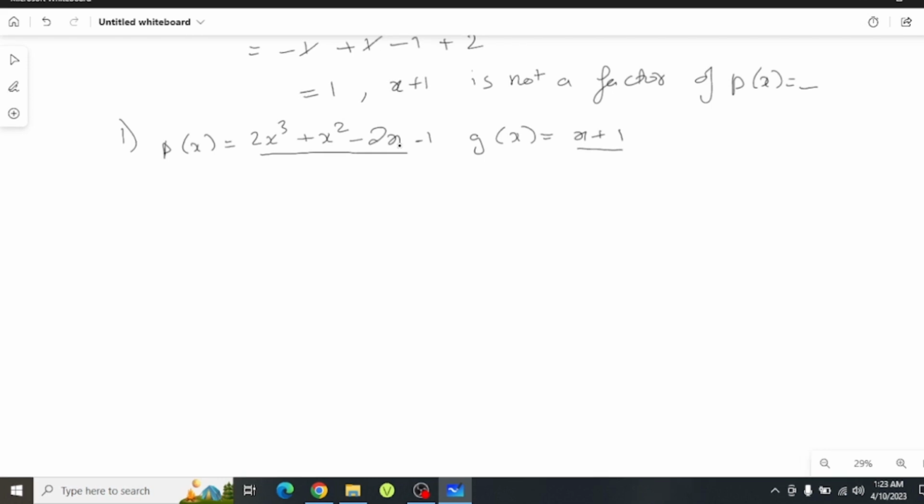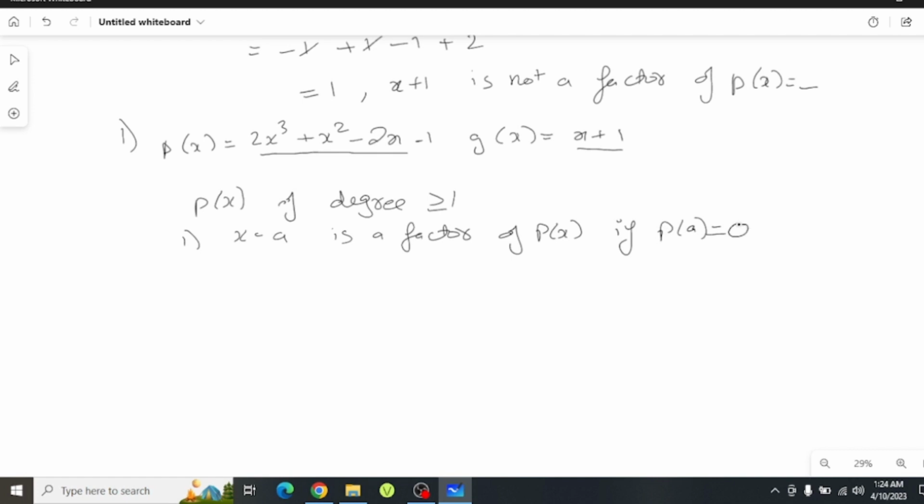So now we have to apply the factor theorem to determine if this function is a factor of this p(x) function. So what is the factor theorem? The factor theorem states that for any polynomial p(x) of degree greater than or equal to 1, x minus a is a factor of polynomial p(x) if p(a) equals 0.